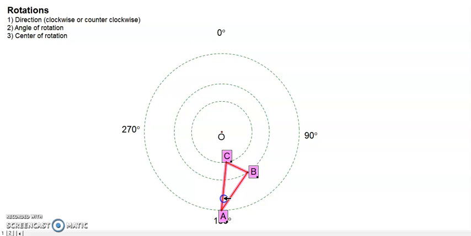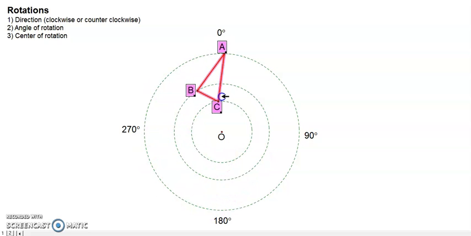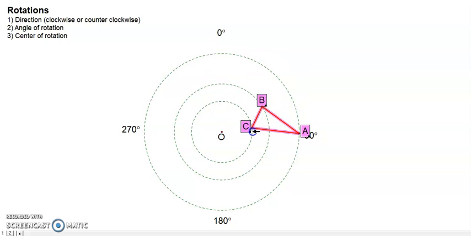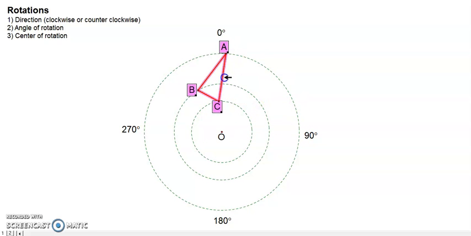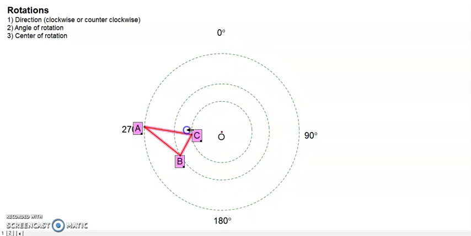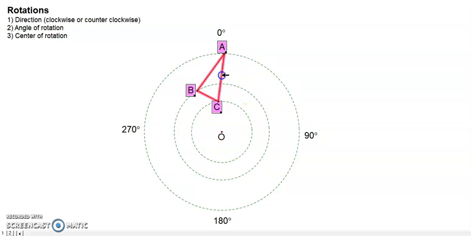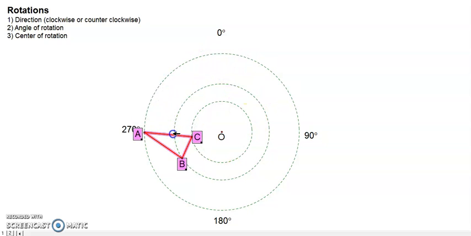If I rotate clockwise 270, I end up here. You should notice that going 270 degrees clockwise is the same as going 90 degrees counterclockwise.